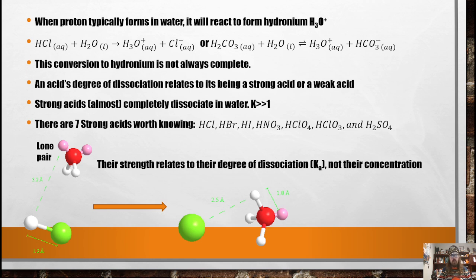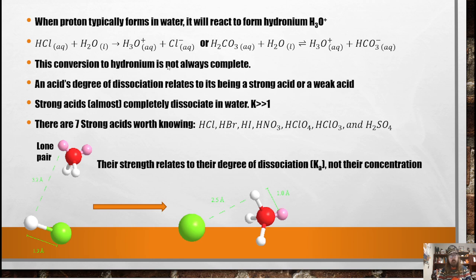Hydronium being H3O plus. Now you can use H plus or H3O plus interchangeably, but it's really more accurate to use H3O plus. So HCl, when it dissolves, breaks apart into H3O plus and Cl minus. Or carbonic acid, when it reacts, will dissociate into H3O plus and bicarbonate ions.